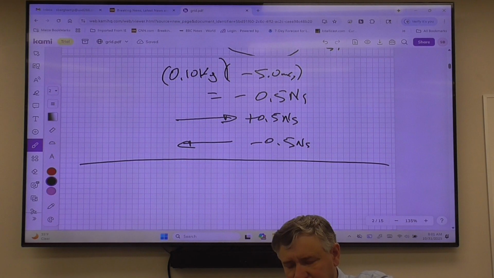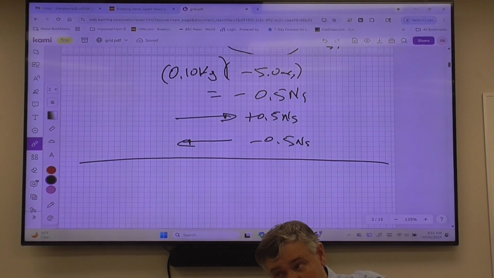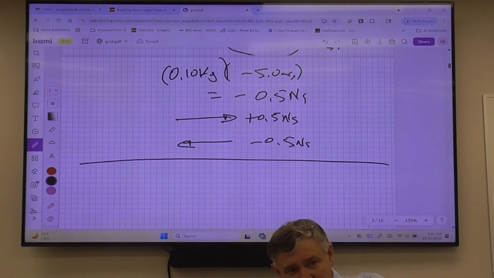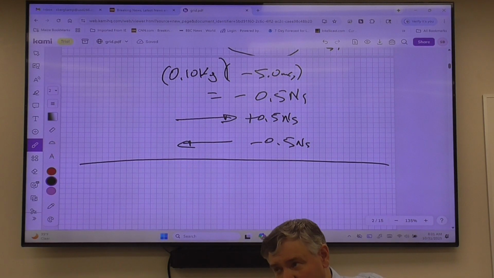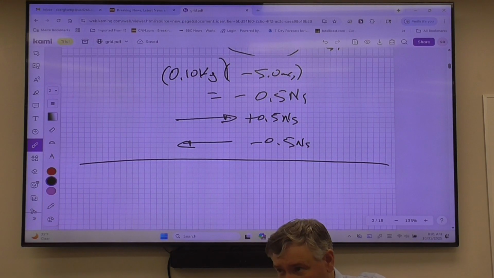No, because they have different masses. What's the only thing that determines inertia? Mass. Not weight, mass. So it's always going to take more force to get Hank to move than it is to make the golf ball move, because Hank has a lot more stuff.